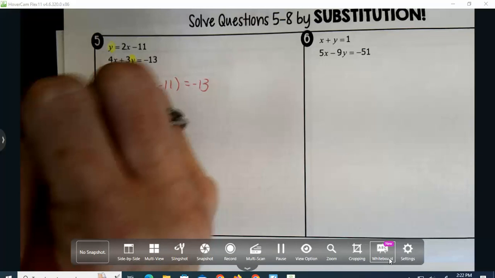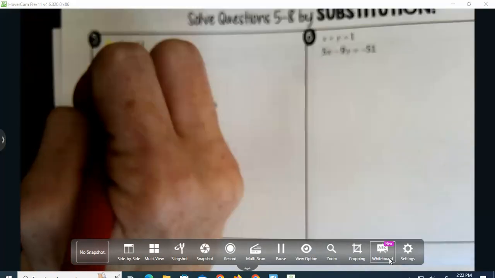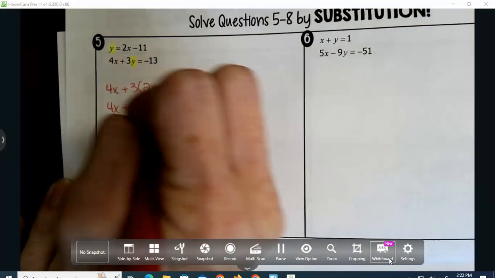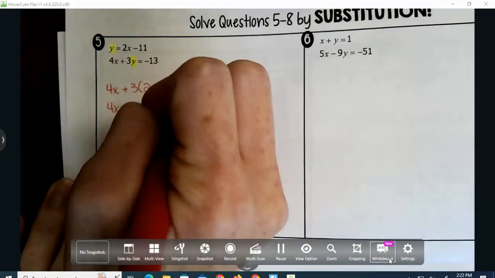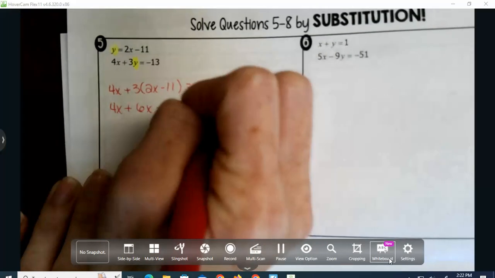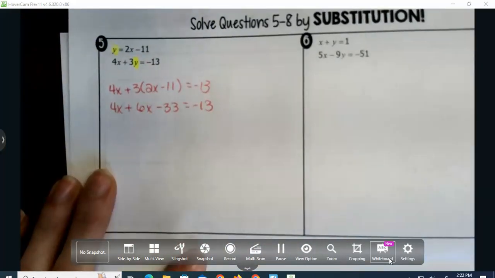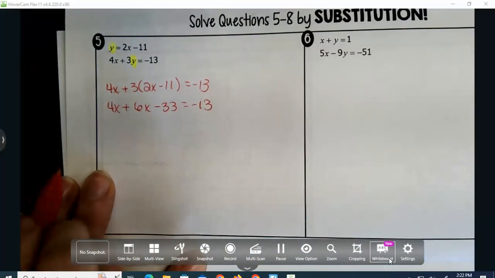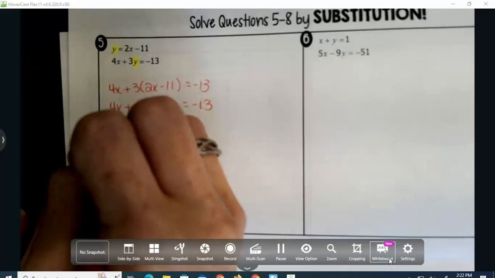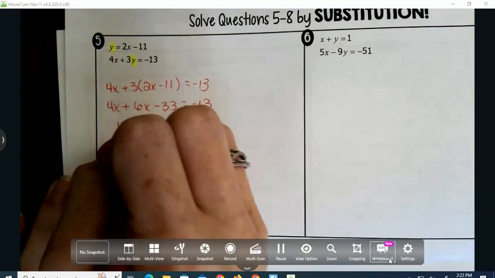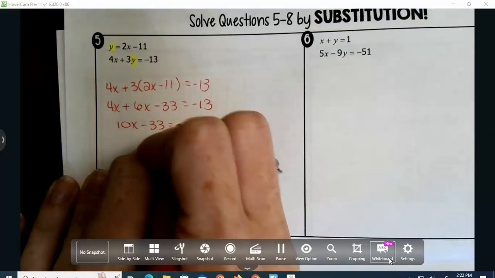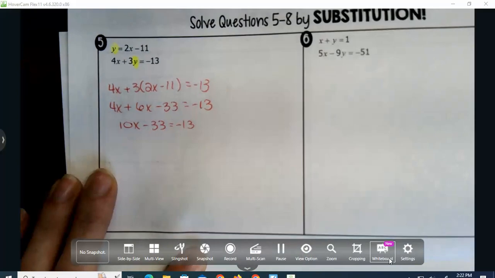Then we distribute the 3. So we have 10x minus 33 equals negative 13.